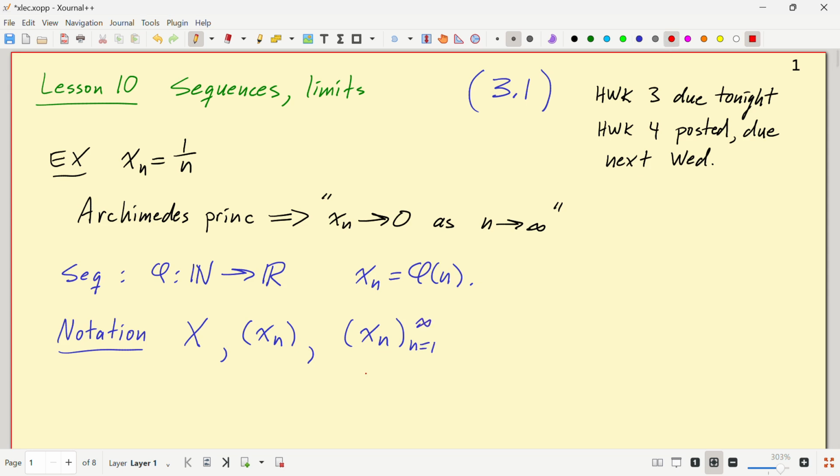That's my favorite, although the book doesn't do it that way. And you could say x sub n such that n is in N. Anyway, they all mean the same thing. And when the book wants to write as little as possible, it uses a capital X to denote a sequence.